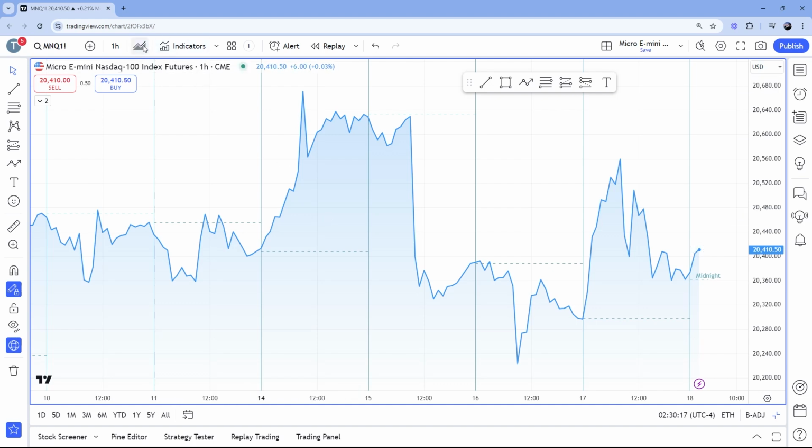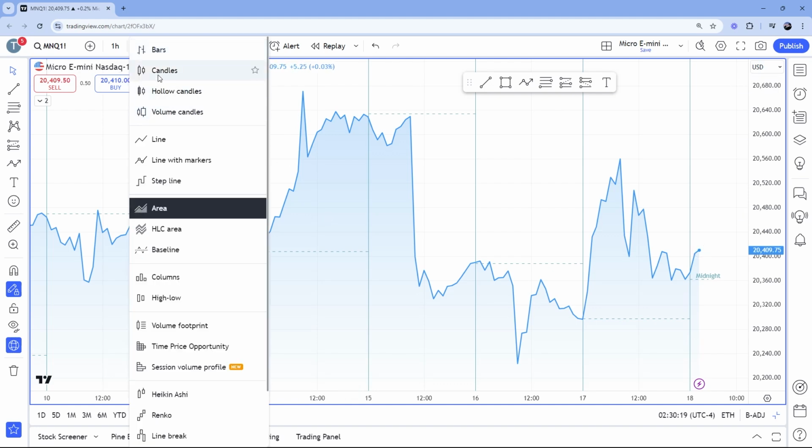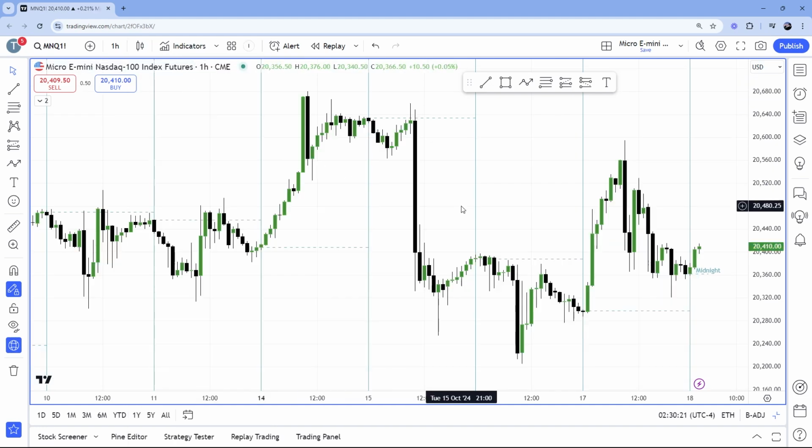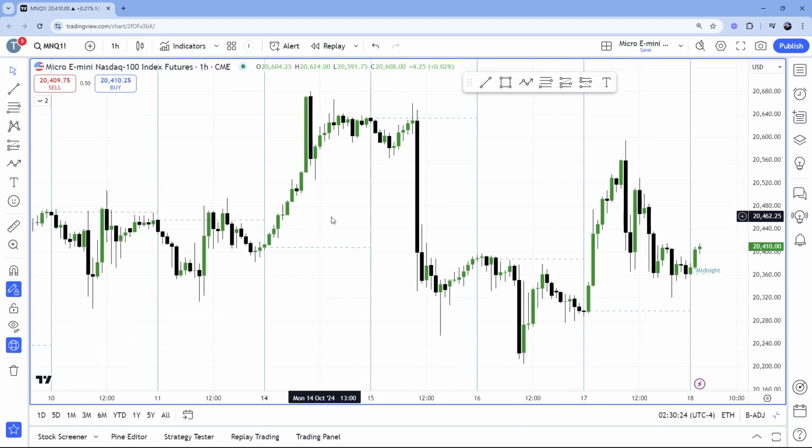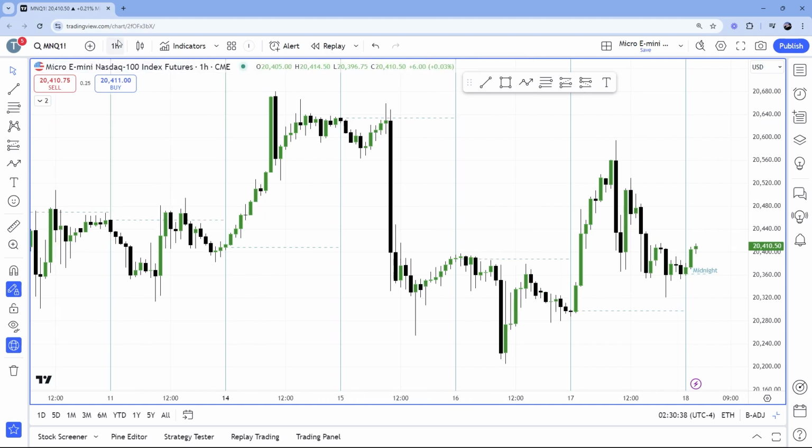However, when we trade, we mostly use candlestick charts because it's easy to visually see with the colors, okay, these are bullish candles, these are bearish likewise.